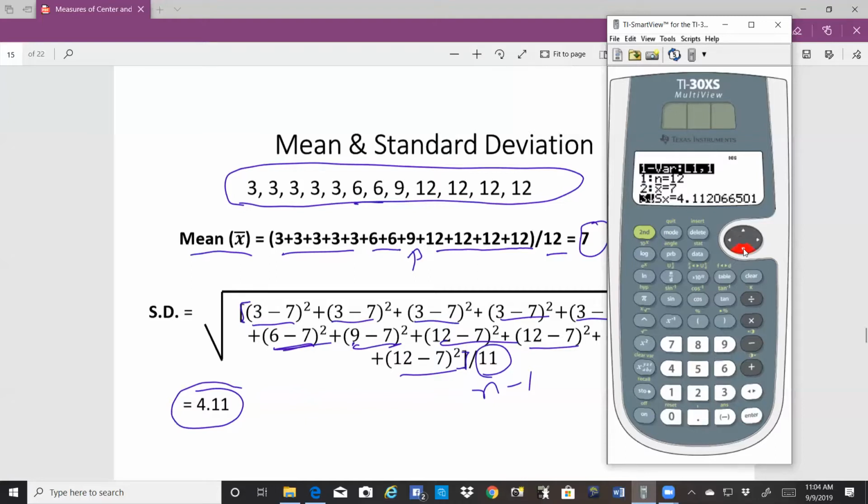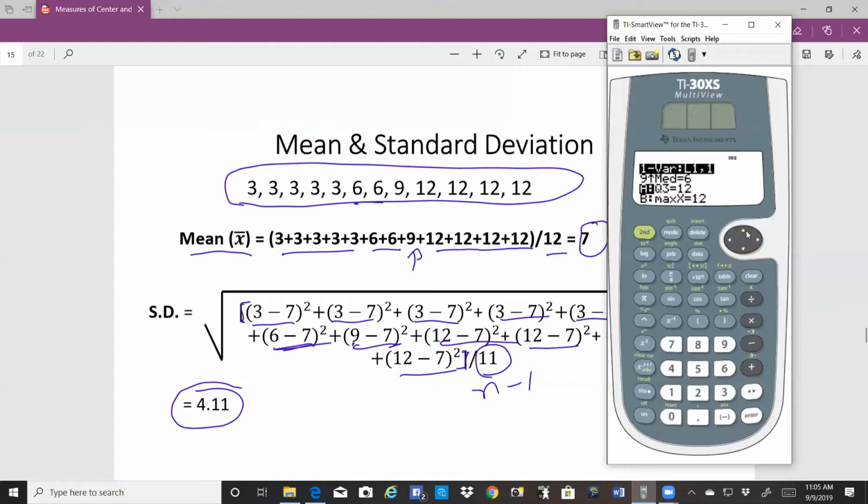And you go through here, and you see some other numbers, like the summation of the X squared. The minimum value was 3. The first quartile, which we'll talk about later, is 3. The median is 6. The third quartile is 12, and the maximum is 12. So all of this gives us the information we need on the range.